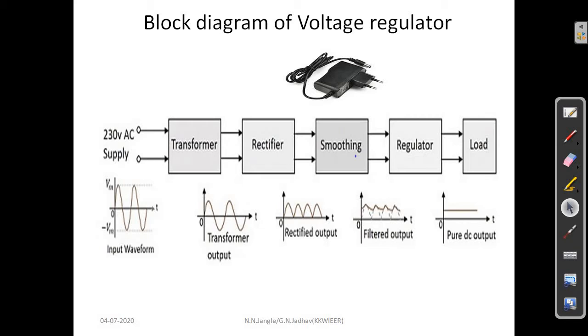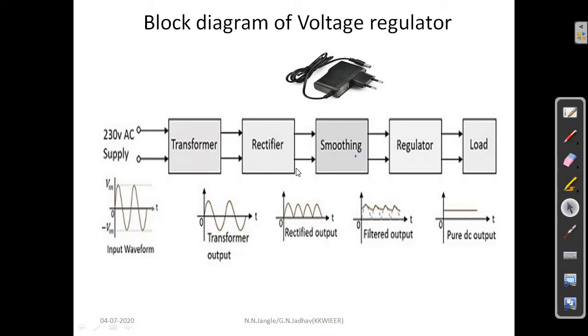The rectifier typically needs 1, 2 or 4 diodes. Rectifier may be either half wave or full wave, that we will see in the next slide. The output voltage of the rectifier is connected to the smoothing circuit.